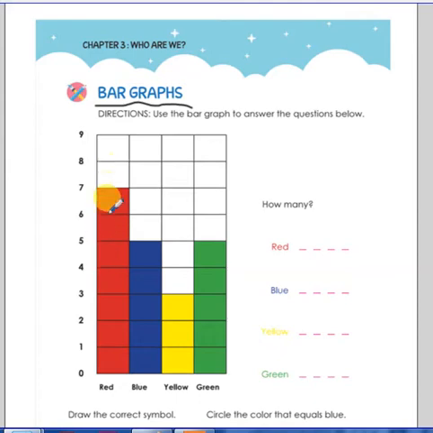Or like boxes. Bar graph has many parts too. Number 1, labels, like pictograph. Yes, like pictograph.